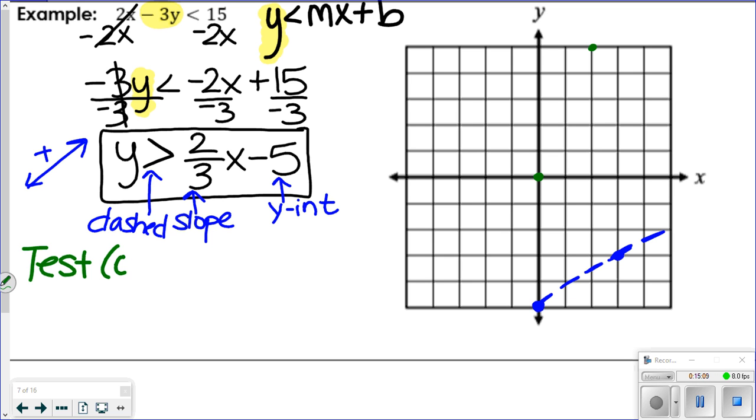So I'm going to test 0, 0 because it's right here. It's not on my line. So what that means is x and y are being replaced by 0. Okay, so 0 instead of y is greater than 2/3 times 0 minus 5.